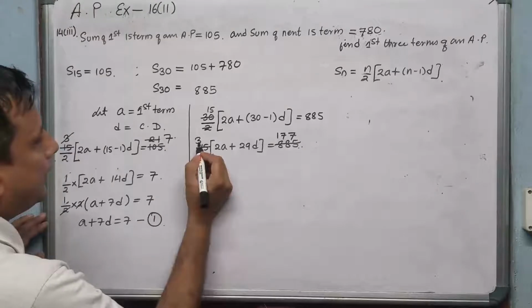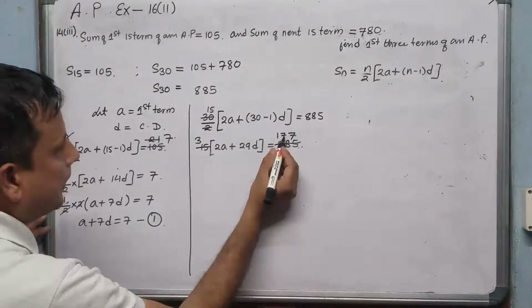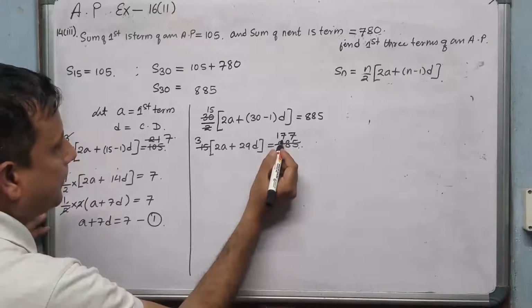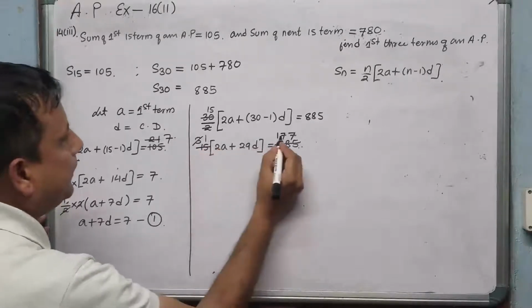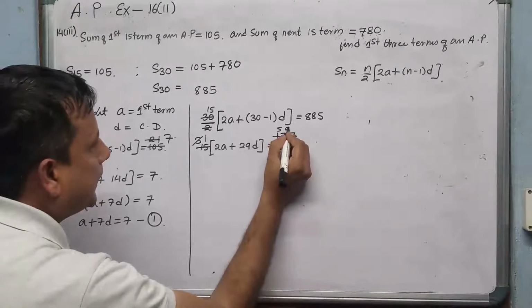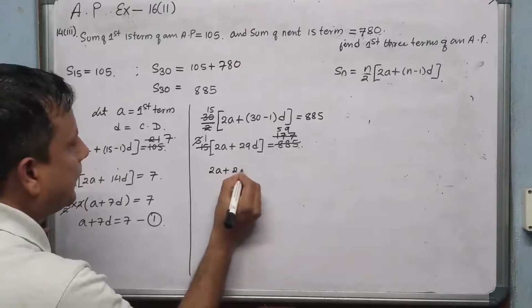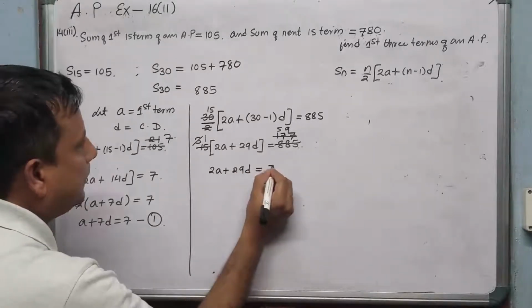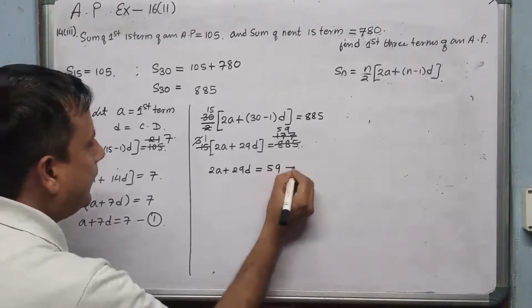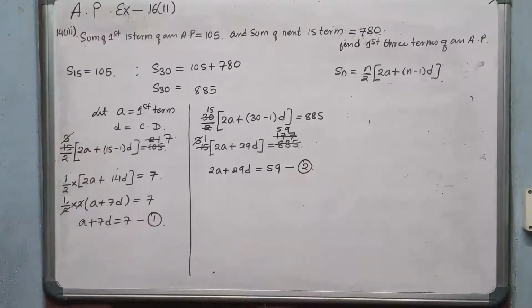Now 3, is it cancelling? 3 3s are 9, 3 4s are 12, 3 5s are 15, 3 1s are 3, 3 5s are 15, 16, 17, 3 9s are 27. Now it is 2a plus 29d is equal to 59. Let it be equation number 2.